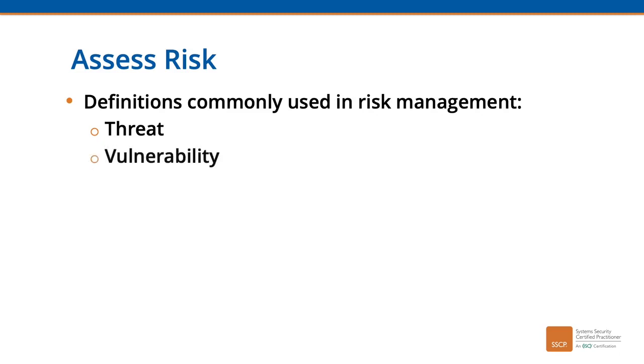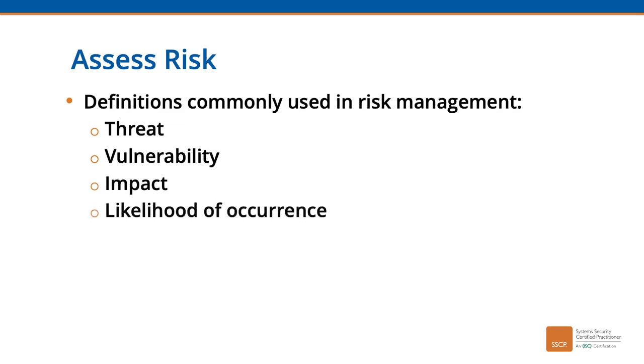Weakness in an information system, system security procedures, internal controls, or implementation that could be exploited by a threat source are defined as vulnerability. Impact is the magnitude of harm that can be expected to result from the consequences of unauthorized disclosure of information, unauthorized modification of information, unauthorized destruction of information, or loss of information or information system availability.